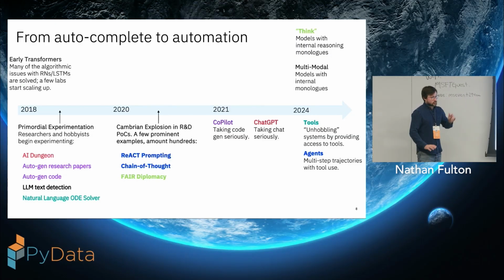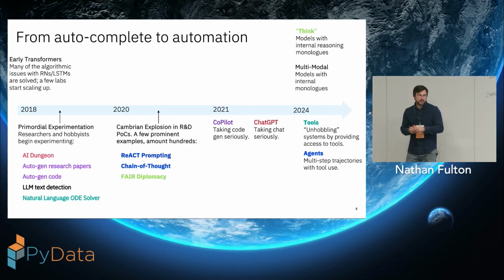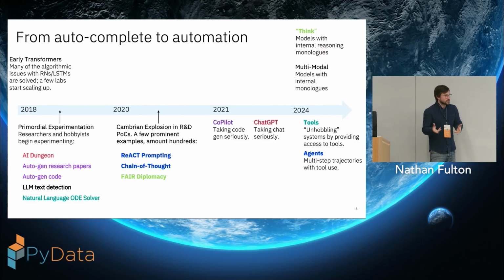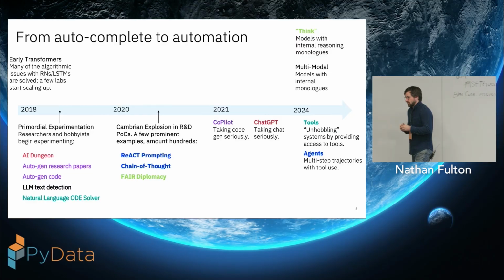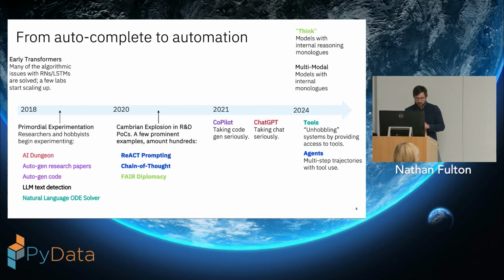Now we think of that as an extremely pedestrian tool-style use case, right? But at the time, the paper was a little bit controversial because it was like cheating, because the neural network didn't really solve the ODEs. It just generated the code to solve the ODE. So this is an interesting case where the seeds of things, basically ReAct prompting plus that is an agent, right? And the implications of that weren't necessarily realized.